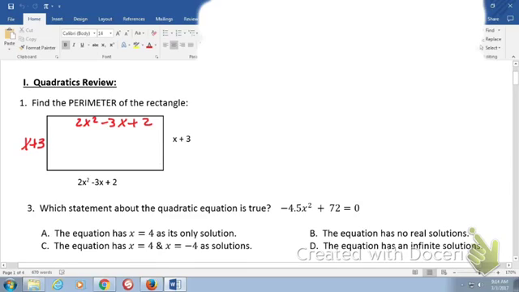Okay, first numbers that we can combine are this 2x squared, and then we have another 2x squared. Notice that we don't have any other numbers that have x with a power of 2, so we combine those. When we add them, we get 4x squared.